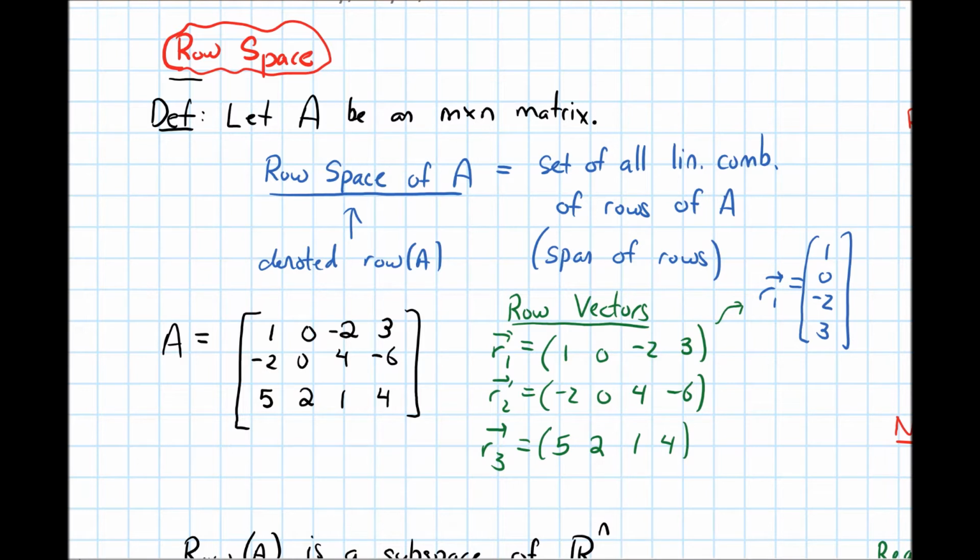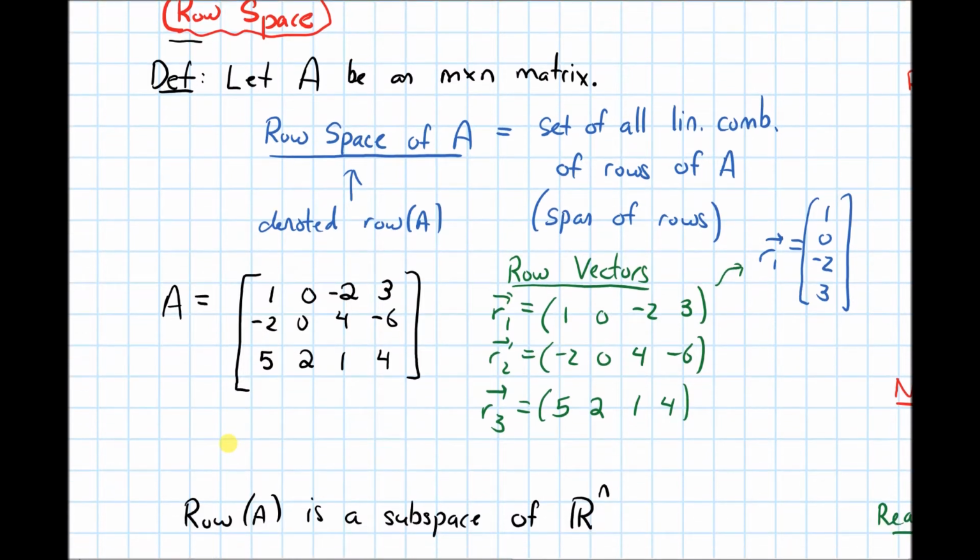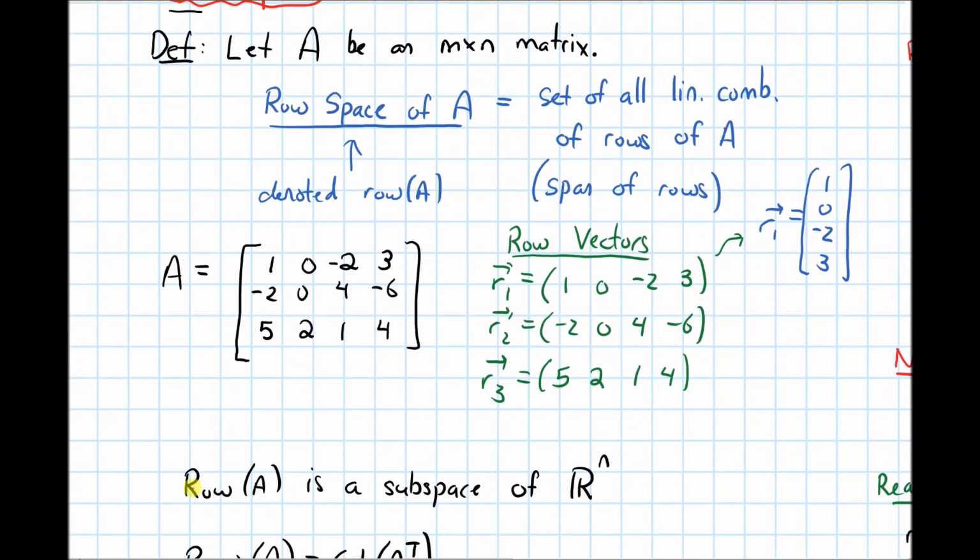Okay, so when we take the linear combinations of the rows to form the row space, notice it's going to be a subspace, just like the null space is a subspace and the column space is a subspace. But the row space is going to be a subspace of R^n.